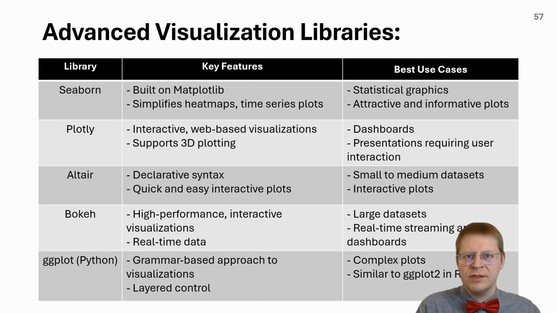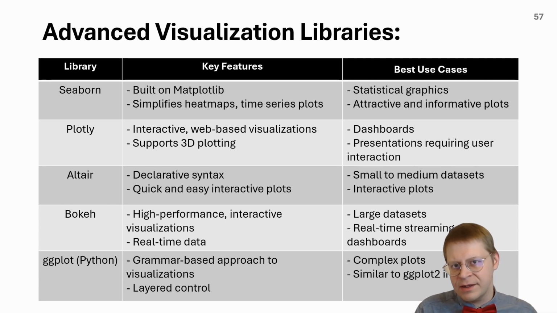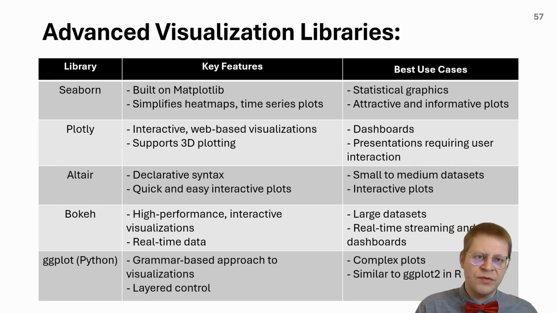Advanced visualization libs like Seaborn, Plotly, and sometimes Altair, Bokeh, or ggplot provide powerful tools to create interactive and aesthetically pleasing visualizations. In addition to their technical capabilities, it is important to consider accessibility.